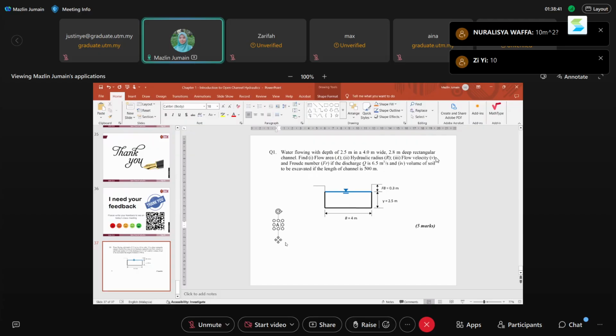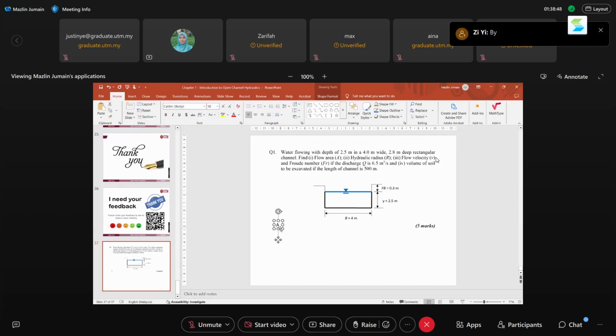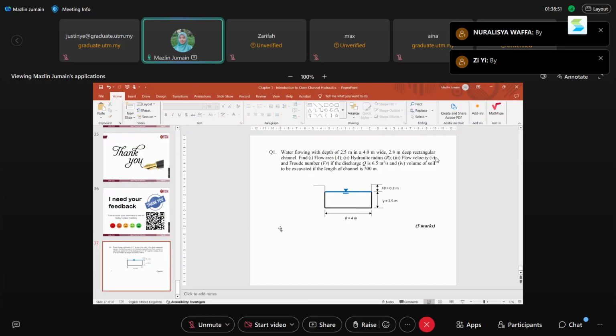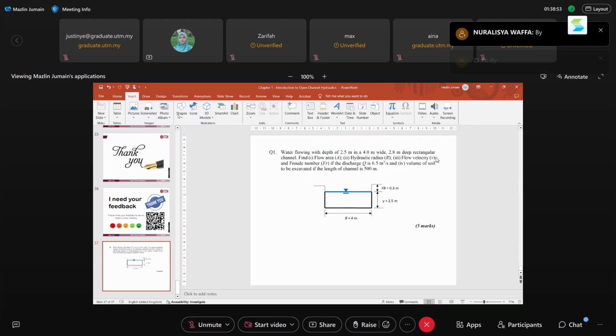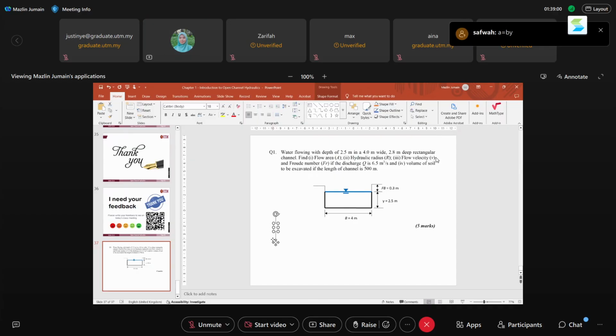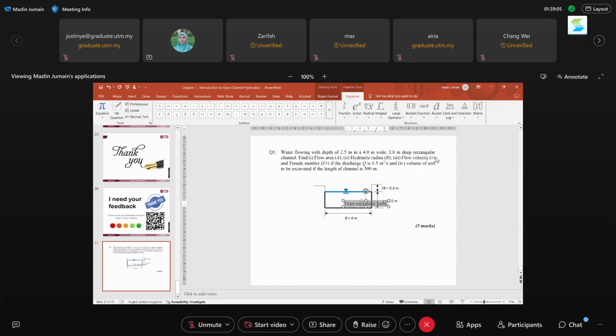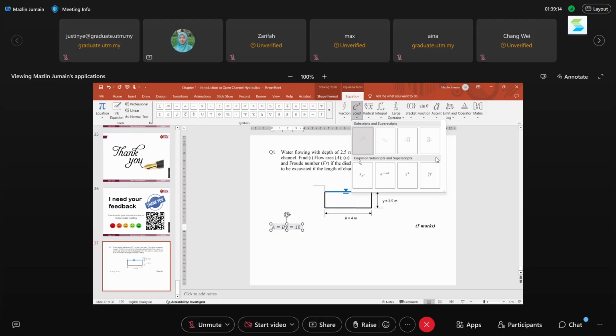So what is the equation for area? So we have A equal to By. So the answer is 10 meters square.